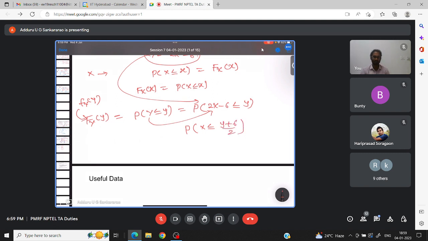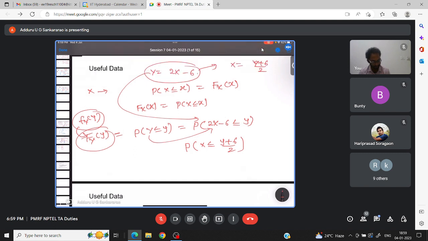Is that okay? Do you agree? I want fy(y) actually, and for that, first I am finding the CDF of y. By definition, the CDF of y is the probability of Y less than or equal to y, so instead of Y I am replacing 2x minus 6.